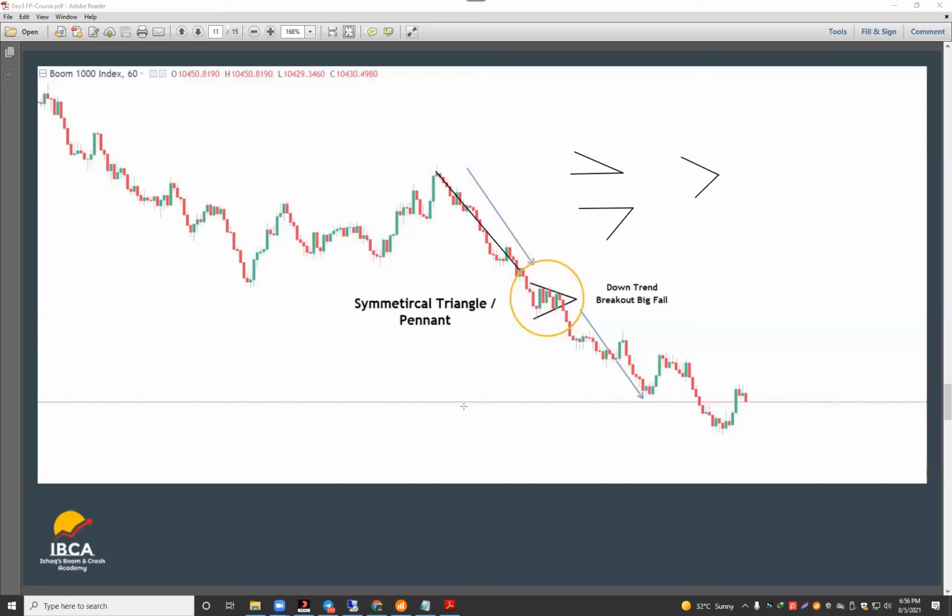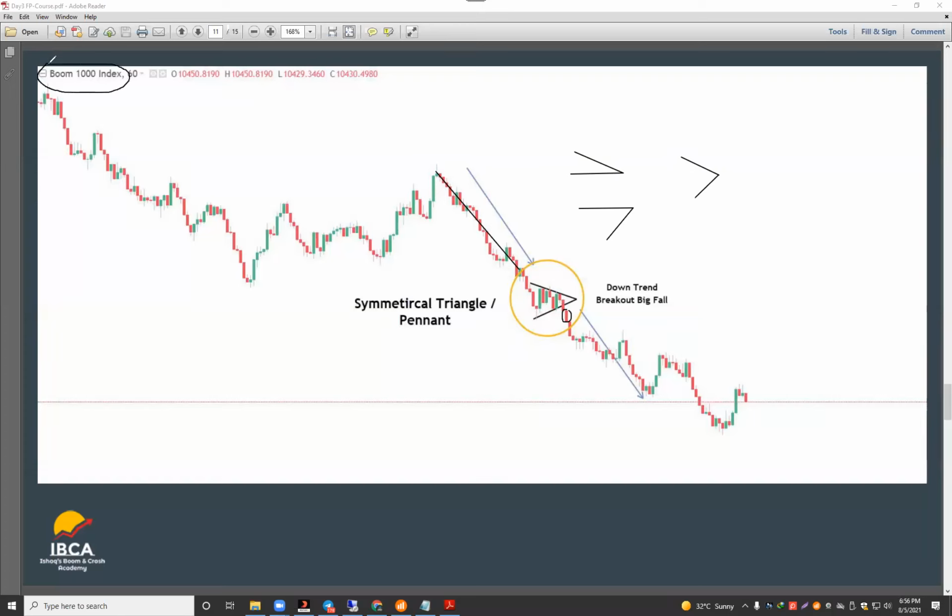Symmetrical triangle broken, right? Do you find any retracement? No retracement, strong candle. You know that when the trend starts in a Boom at the downward, mostly you will never find the retracement.